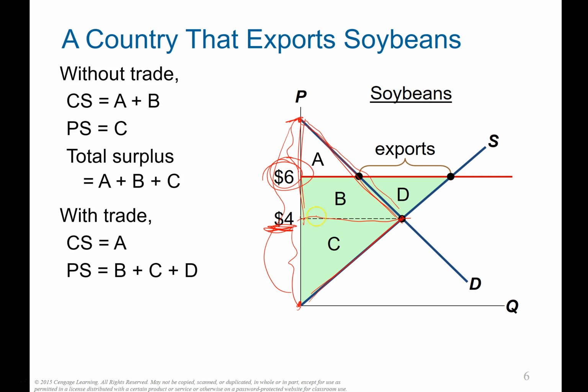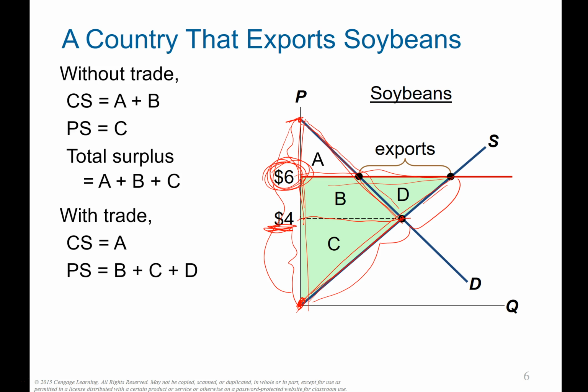And so the producer surplus is now the difference between what they're actually selling it for, which is now $6, and what they would be willing to sell it for, which is indicated by the bottom of the supply curve. So the new area of producer surplus is going to be this triangle. Note how it still touches the supply curve. So the concept is still there. It's just a much larger area.